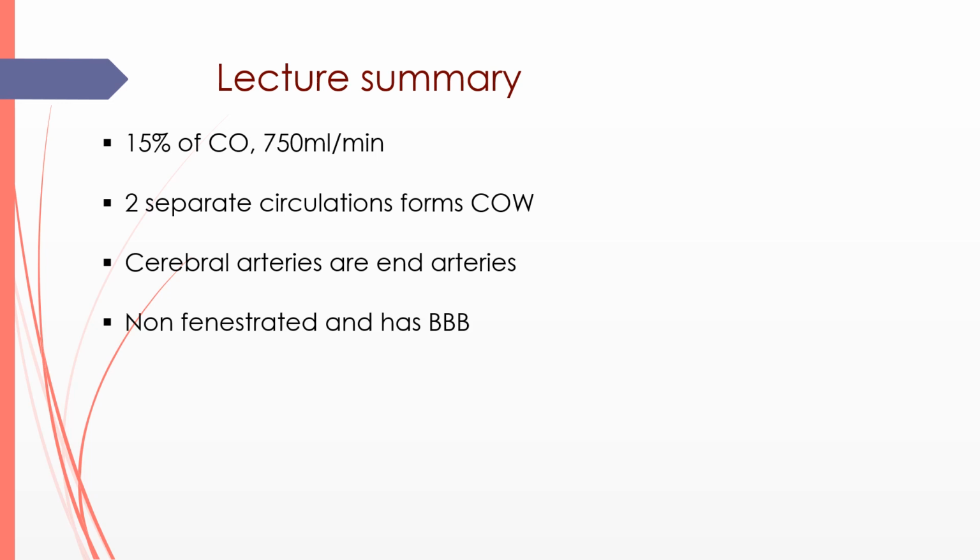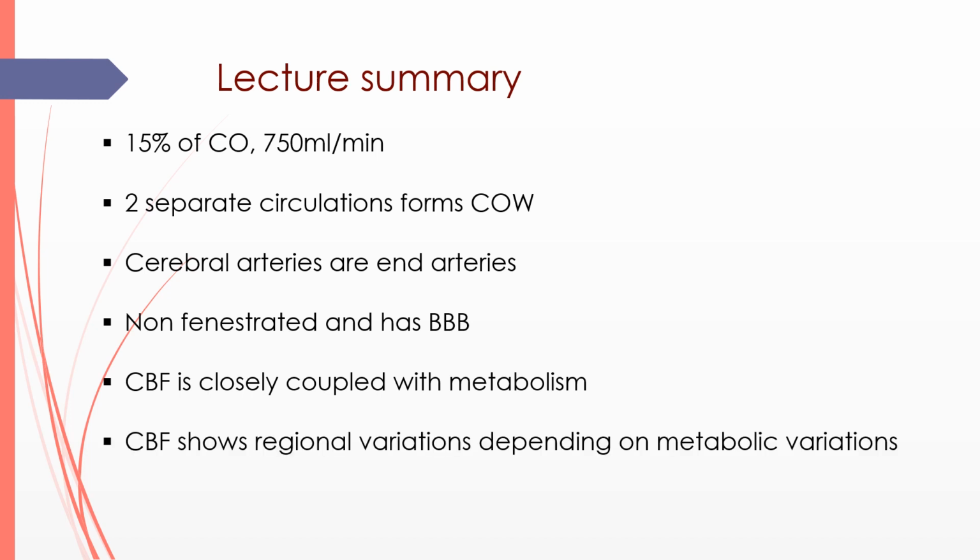Capillaries are non-fenestrated and they have the blood-brain barrier, though there are areas in the brain which don't have it. Cerebral blood flow is closely coupled with metabolism and shows regional variations depending on the metabolic variations. It has the property of autoregulation.